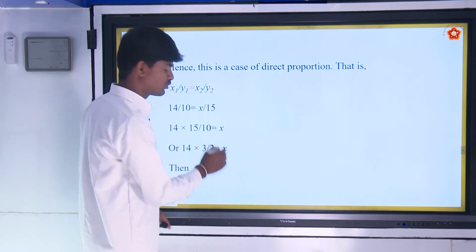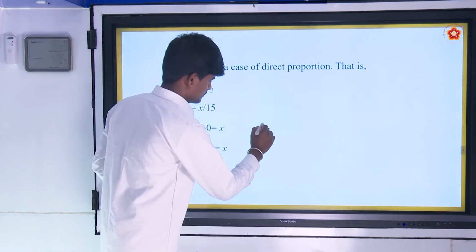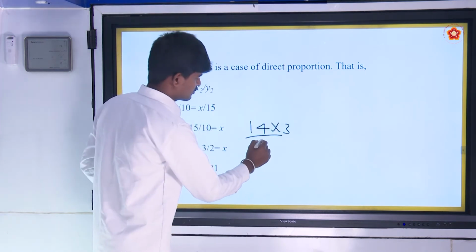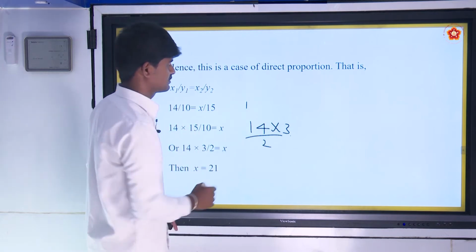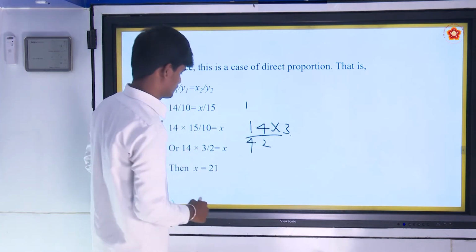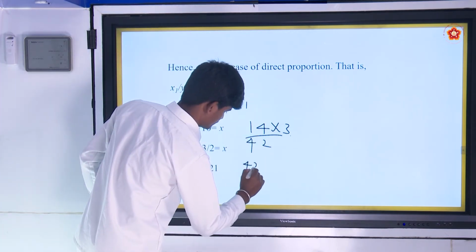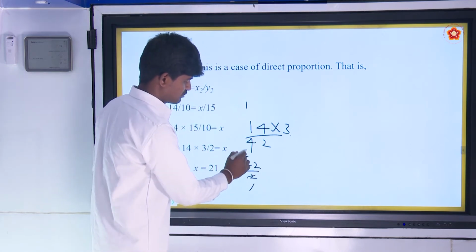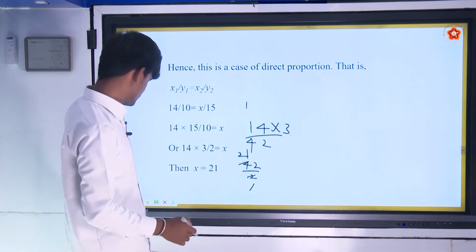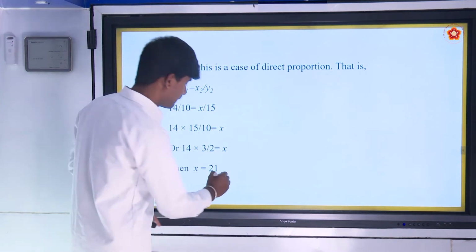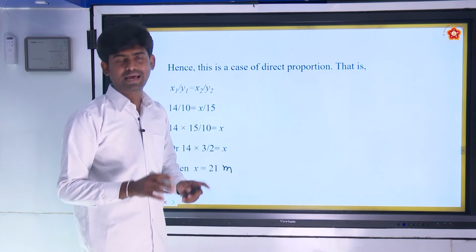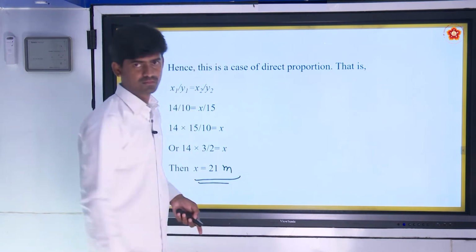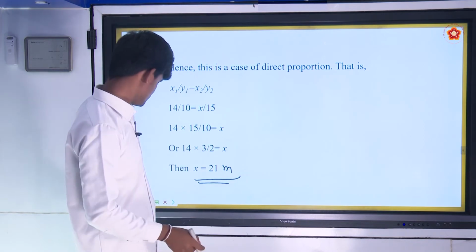Now 14 into 3: 4 3s are 12, 1 3 is 3, this one 42. 42 divided by 2: 2 1s are 2, 2 2s are 4, 2 1s are 2, means 21. X is equal to 21 meters, means the actual height of the tree is 21 meters. This is the answer.